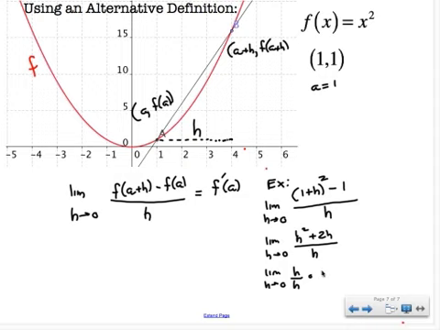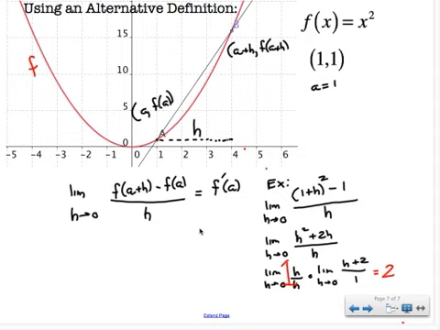So h over h times the limit as h approaches 0. What's left when I factor out an h from the numerator is h plus 2 over 1. This first limit is 1. h over h simplifies to be 1. And then we do a plug-in on this second limit, and we get 0 plus 2 over 1, so 2.